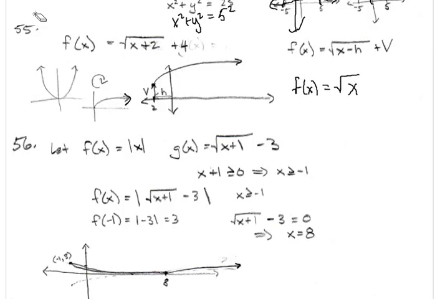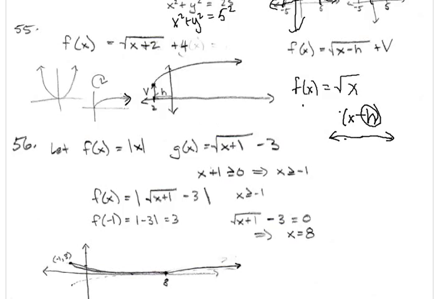Horizontal and vertical shifts from precalc tell us that we can also replace x anywhere in the function by x minus h, and it will translate that function left or right by h units, whatever h is. So if h is a positive 2, we would go to the left 2 units, right?